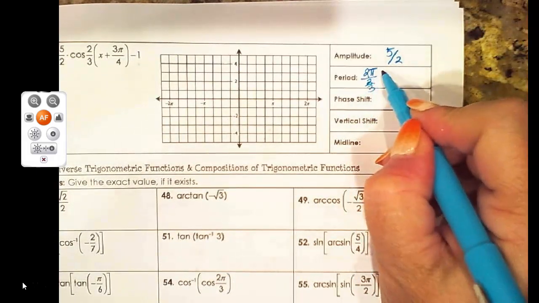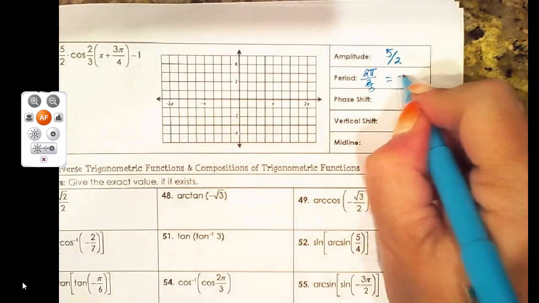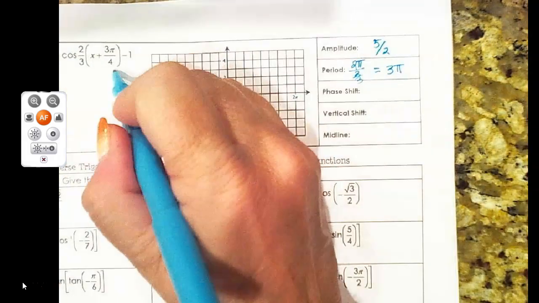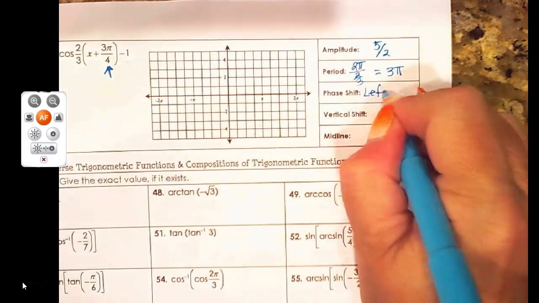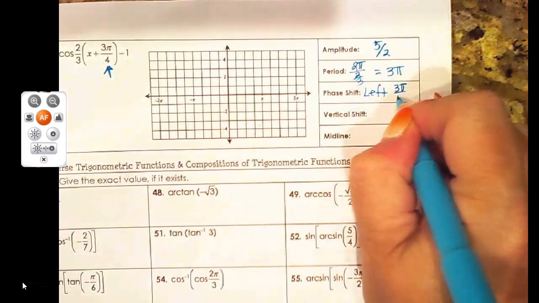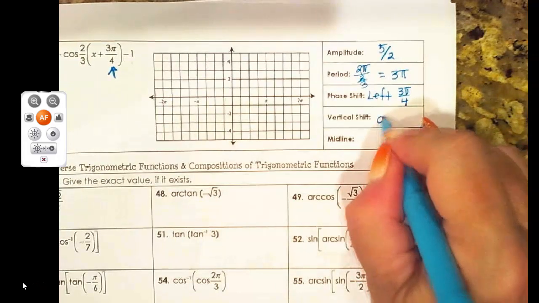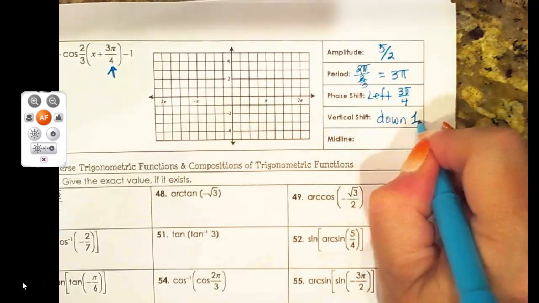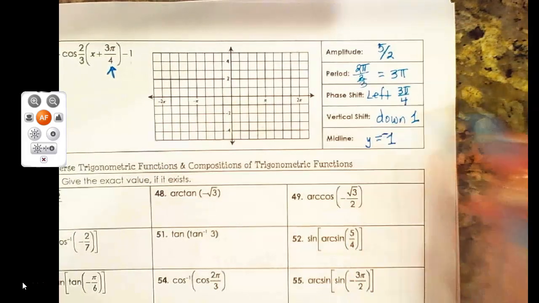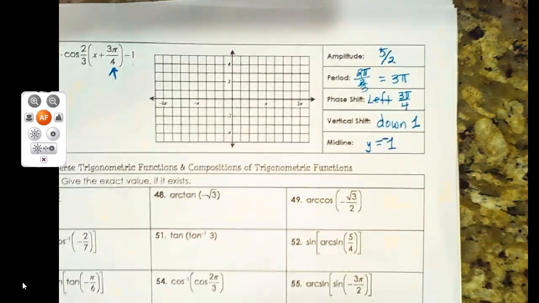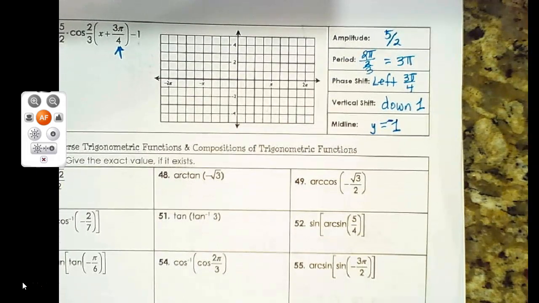So 2 times 3 is 6 divided by 2, and I get 3 pi. My phase shift with a plus h, I'm going to go left 3/4 pi. My vertical shift is down 1, and that makes my midline go down 1. So that'll be y equals -1. And that's it for graphing trig.